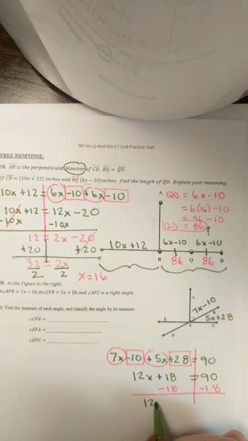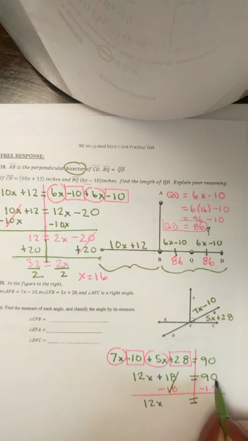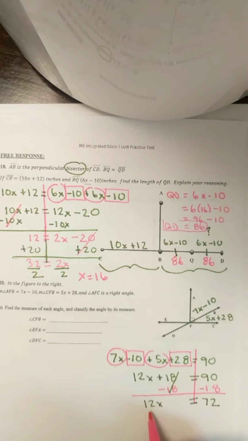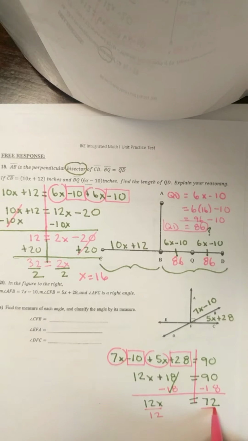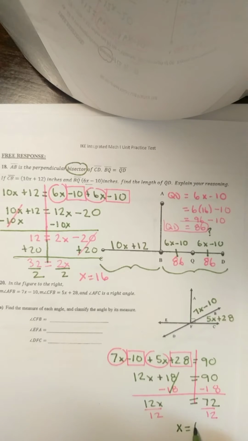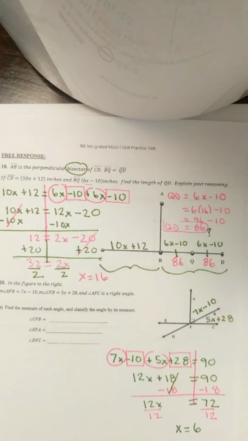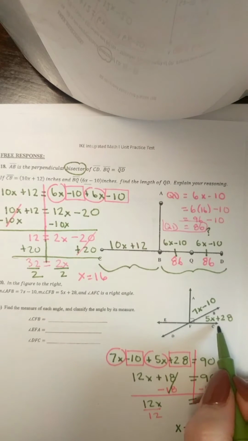We get 12x, 18 minus 18 is 0, equals 90 minus 18 is 72. Divide both sides by 12. X equals 6. So we know what x is, but they want us to find CFB.